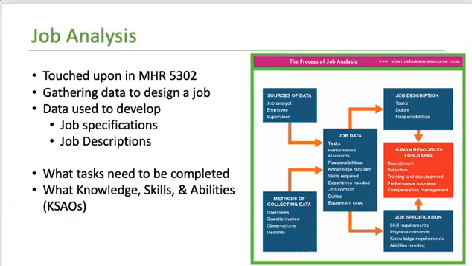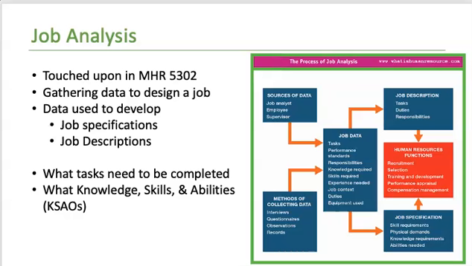Once a job analyst, employee, supervisor, or an HR rep gathers data through interviews, questionnaires, observations, and other means, we have a pool of information on tasks, performance standards, responsibilities, knowledge required, skills required, the job content, the duties, and even the equipment used.